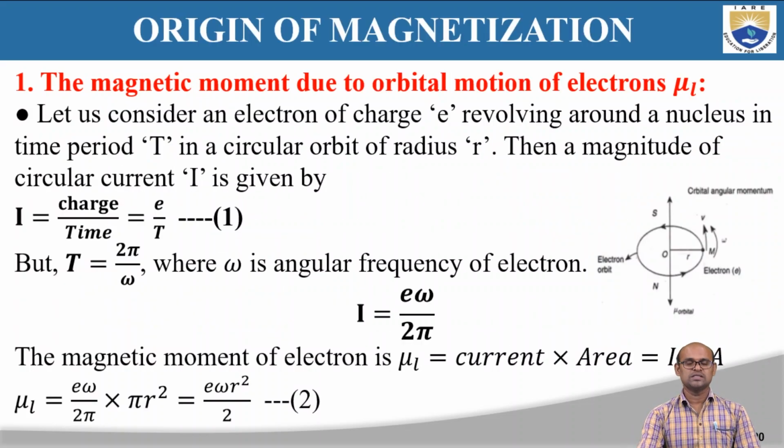So let us understand how we get the magnetic dipole moment coming from the orbital motion of electron. This is the quantitative derivation of the magnetic moment coming from orbital motion of electron.